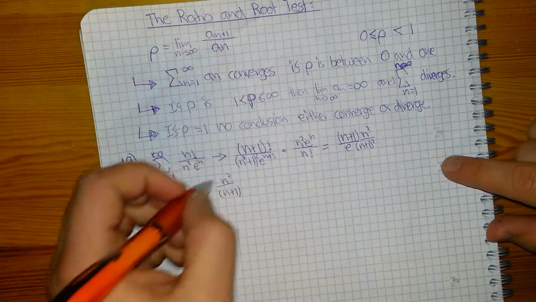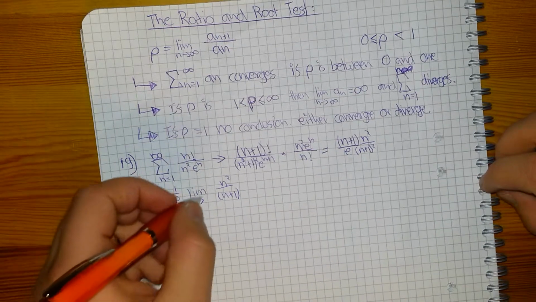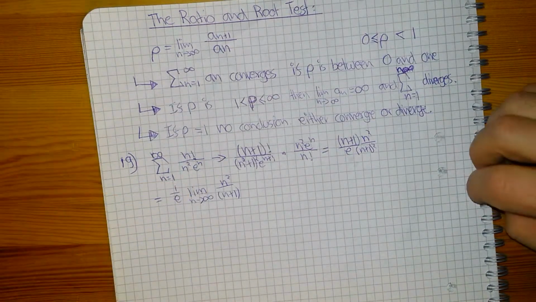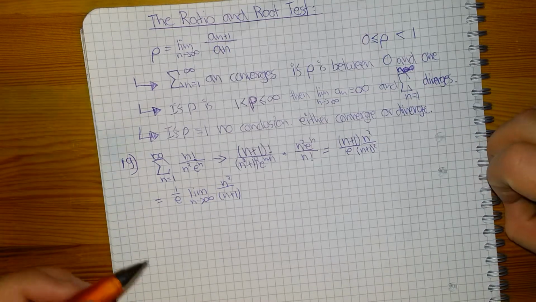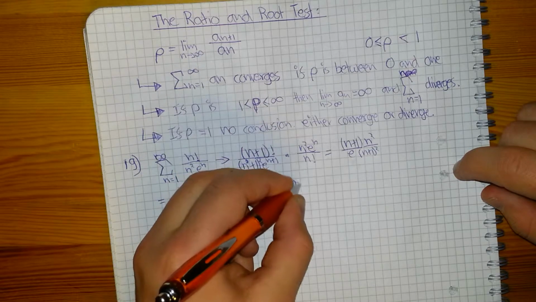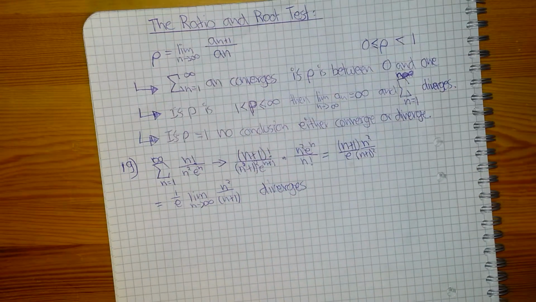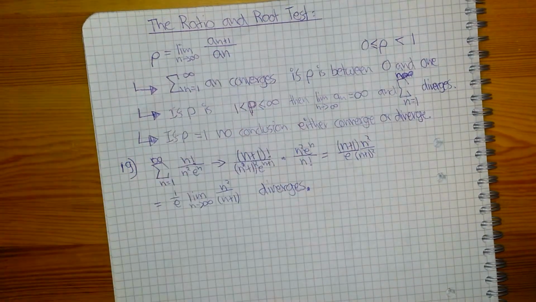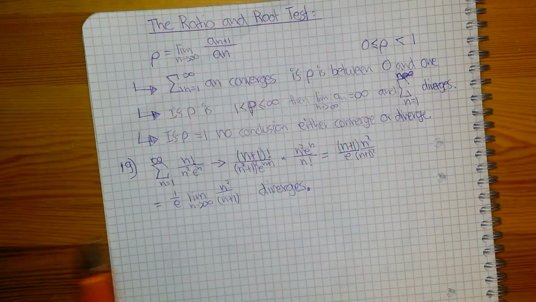And what do we know about this? As n goes to infinity, this will go to infinity. Definitely, so this diverges.